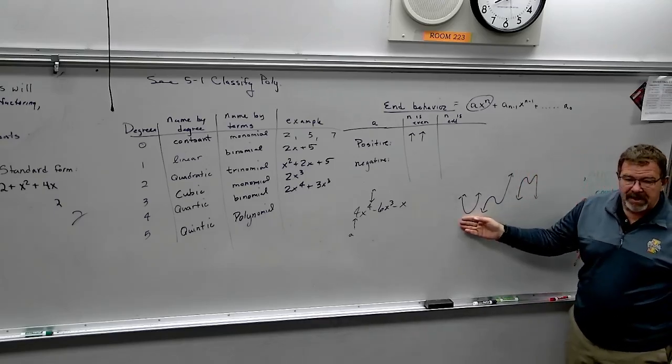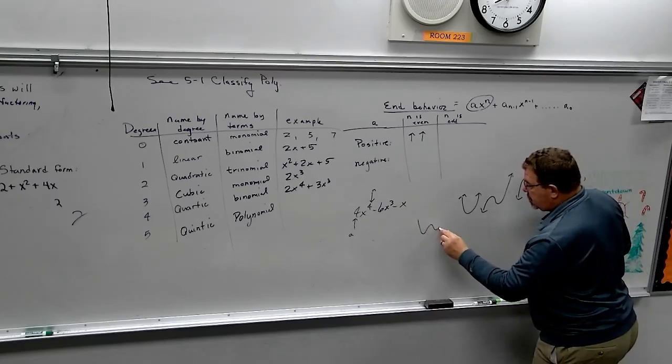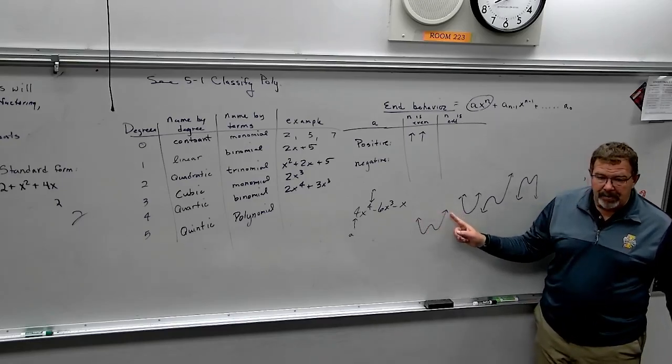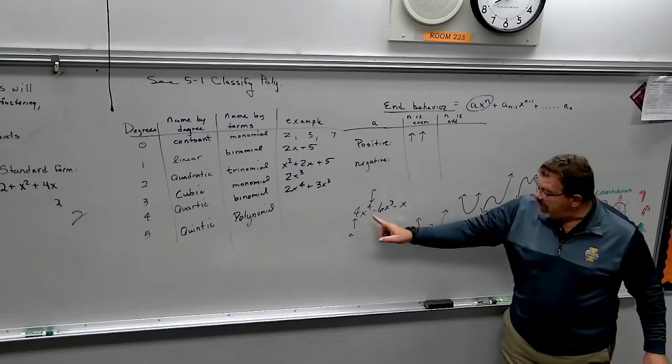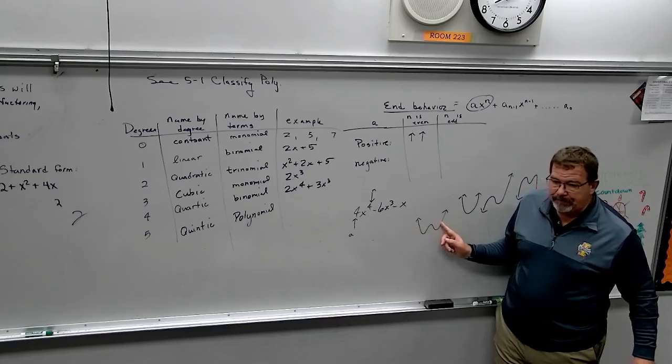It's going to look something like this. Or maybe it's going to look something like this. You have a graph that's going up and up. So if A is positive and an even exponent, up, up.